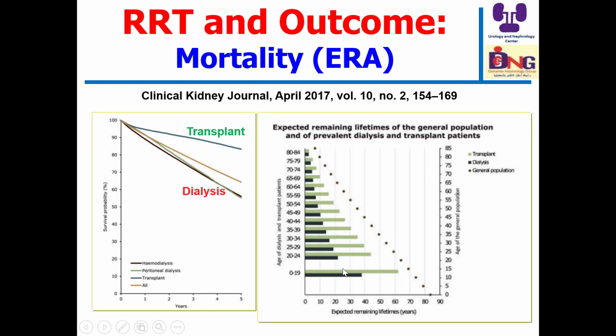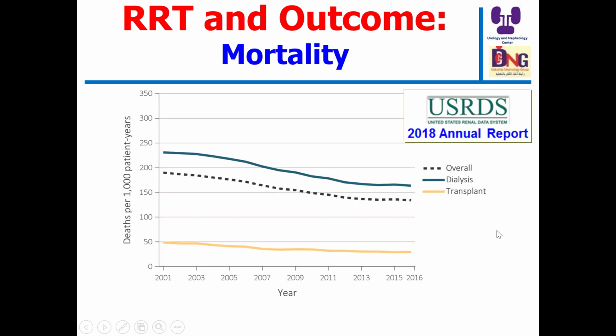The lighter colored bar shows the survival is superior in comparison to the darker one, which reflects hemodialysis therapy. The dots refer to the general population. So renal transplantation is associated with better survival than dialysis, and this is from European renal data.